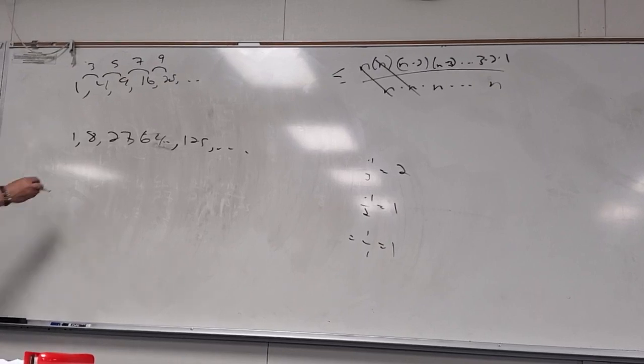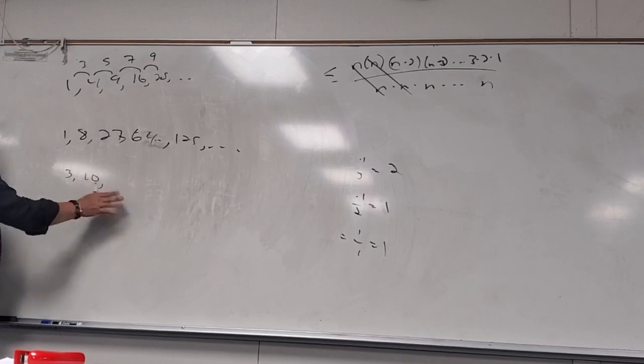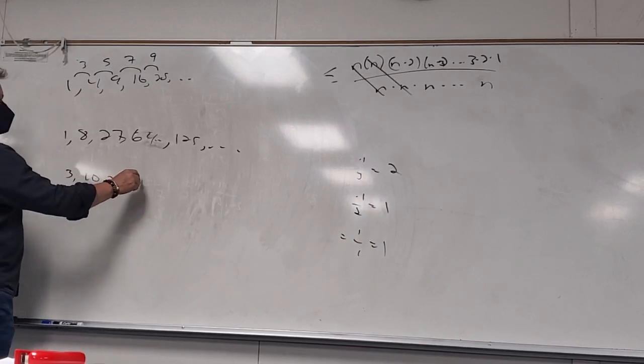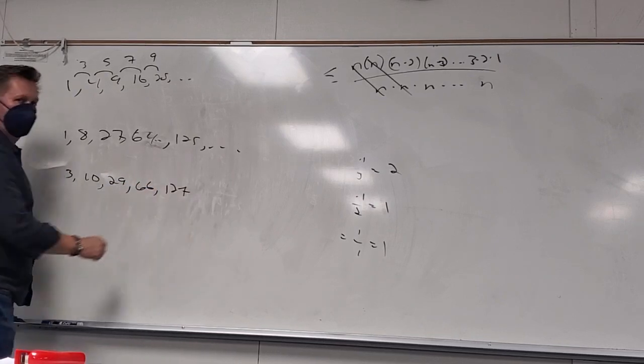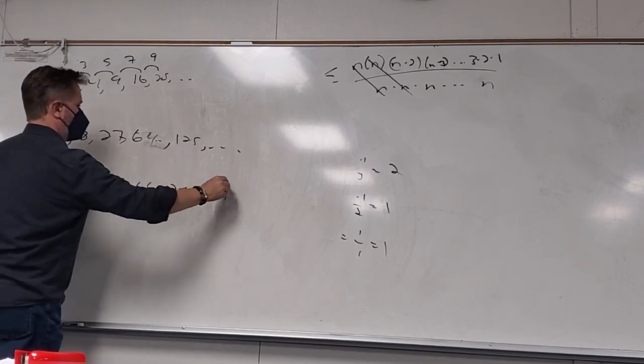So if I saw a sequence that looked like this, 3, 10, 29, 66, 127. Isn't that these plus? So this would be n cubed plus 2.